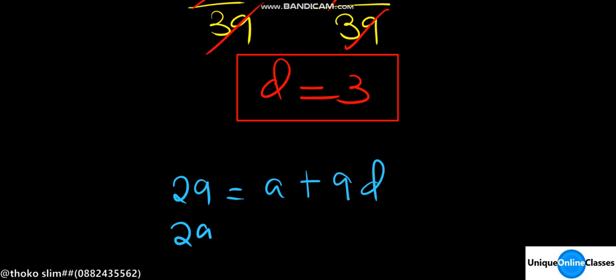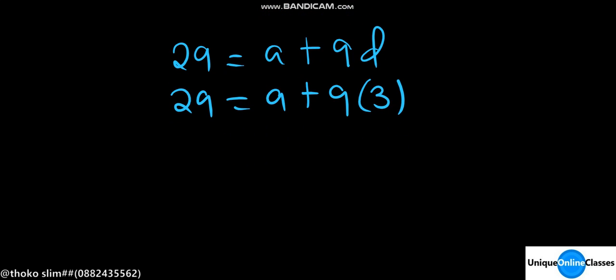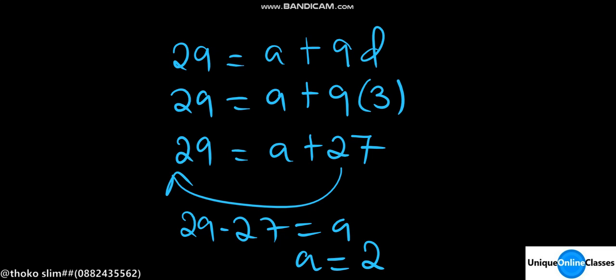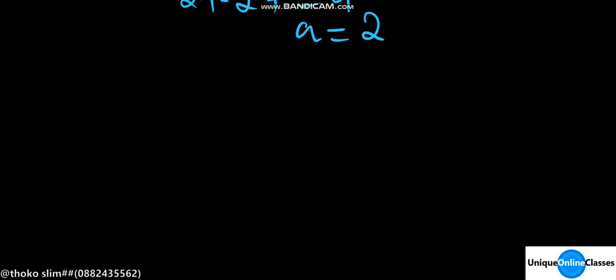So here you have 29 is equal to a plus, pamene pali d tingoikapo 3. So 29 is equal to a plus 27. So 29 minus 27 is equal to a. So value ya a is equal to 2. So tapeza first term kuti first term ndi 2 and difference ndi 3.